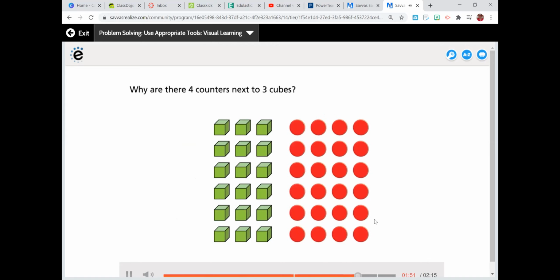There are 4 counters next to 3 cubes. Remember, the cubes are representing how many light bulbs, and the counters are representing how many dollars. The cubes represent light bulbs and counters represent dollars. 3 light bulbs cost $4.